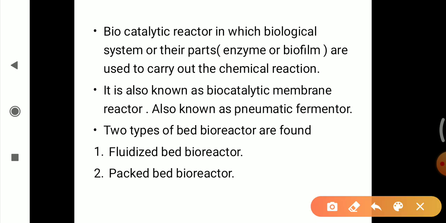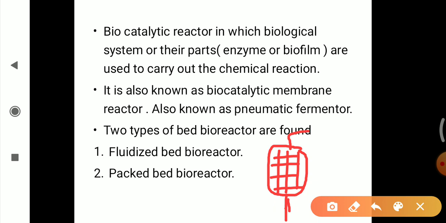If I talk about the fluidized bed bioreactor, this is the vessel. The bioreactor contains a jelly-like material as a column to prepare a bed. From here the substrate will be injected, and from here the product will be recovered.